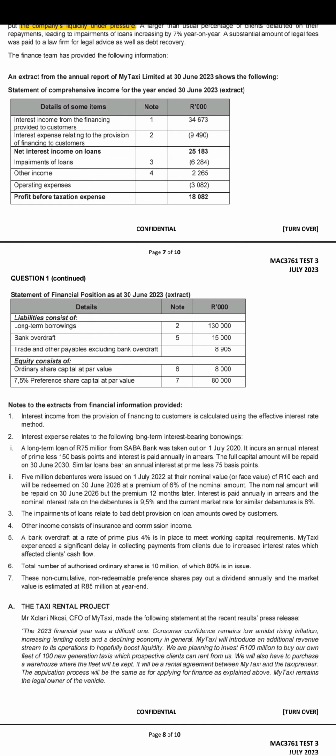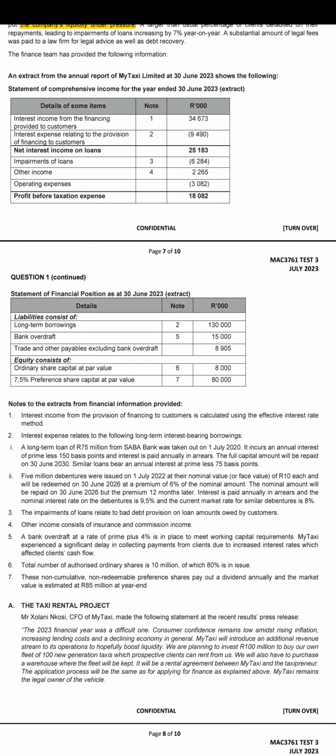Then looking at our liabilities, we've dealt with the long-term borrowings already. We have a bank overdraft, which is compounding the whole liquidity issue. It says that a bank overdraft at a rate of prime plus 4% is in place to meet working capital requirements. That's already telling us there's a problem, because remember, what is your working capital?